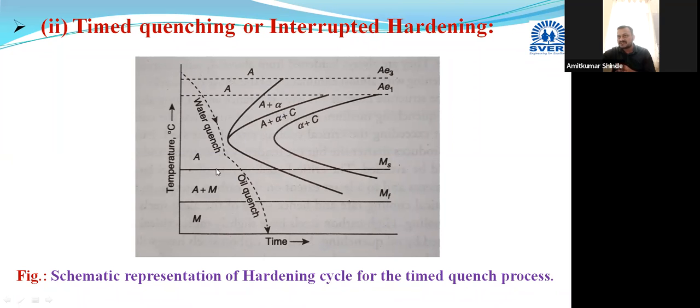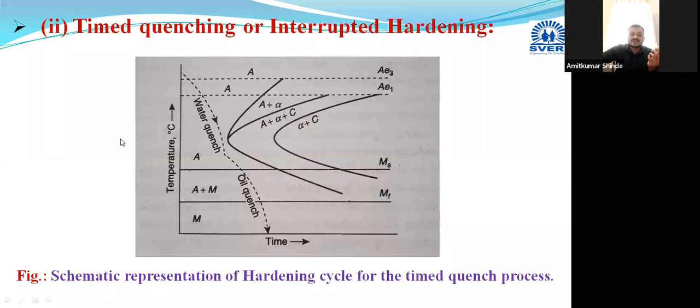This horizontal line is MF, MS, then A1, A3, and then the TTT diagram. In these regions, austenite plus martensite, and martensite. Then drawing this curve for timed quenching, this method is termed superimposing.